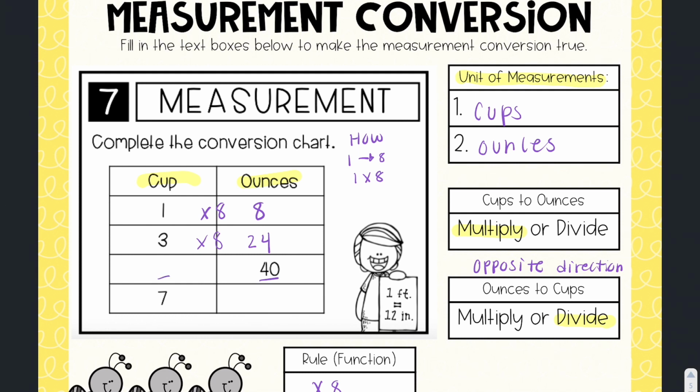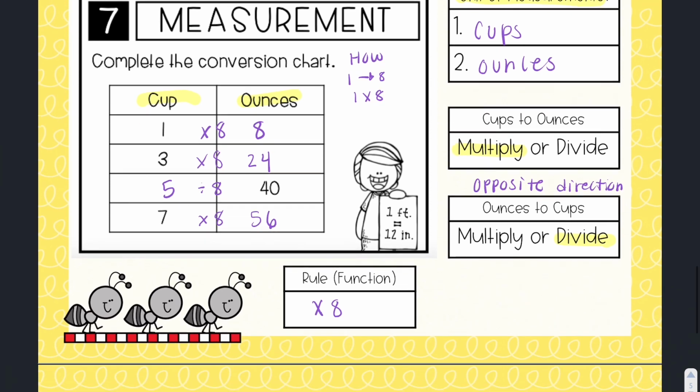So if I had 3 cups, it would be equivalent to 24 ounces. Now, if I'm going from ounces to cups, I'm going to divide. So when I have 40 ounces, I'm going to divide that by 8, and I know 40 ounces is equal to 5 cups. 7 times 8 is 56, so I know if I have 7 cups, I have 56 ounces.